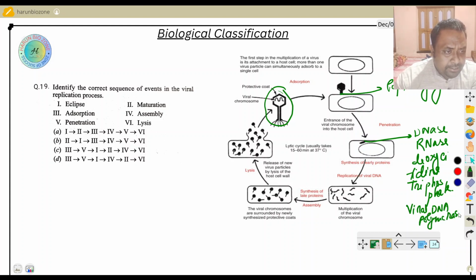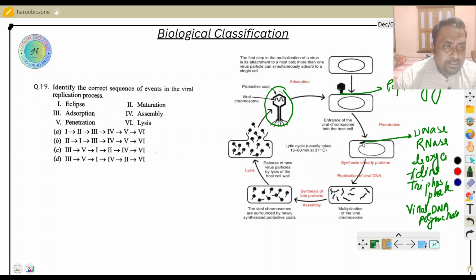After entry into the bacterial cell, the viral genome first produces DNase. What is the function of DNase? DNase breaks down the bacterial DNA into small pieces.